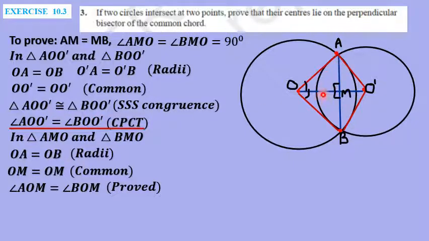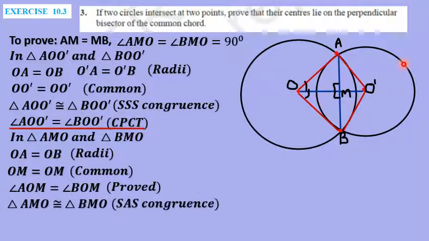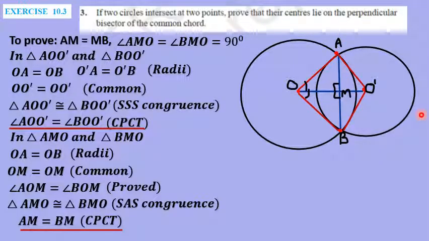So these two triangles also become congruent. Triangle AMO congruent to triangle BMO by SAS congruence rule. Now when these two triangles are congruent, we can say that AM is equal to BM, corresponding parts of congruent triangles. That means M is the midpoint.